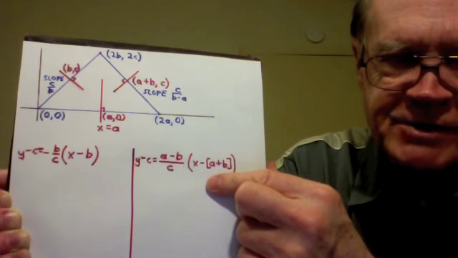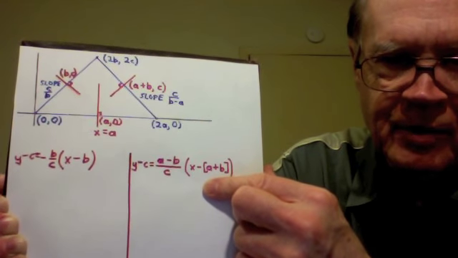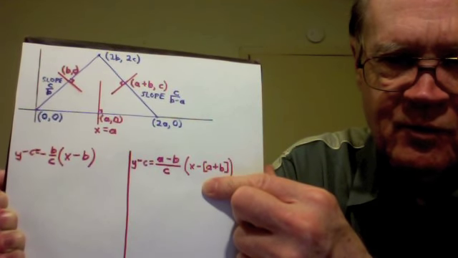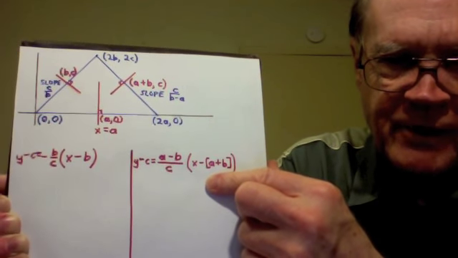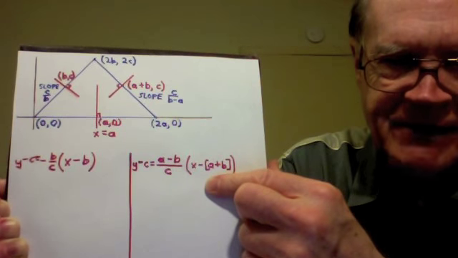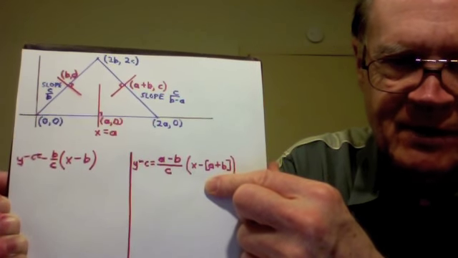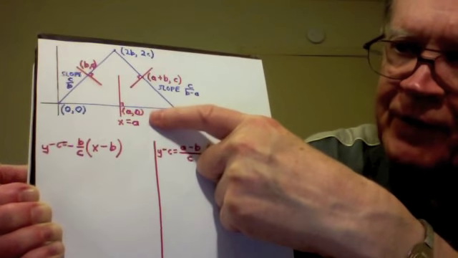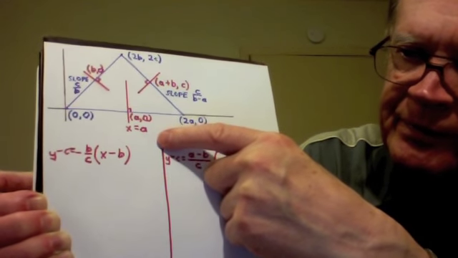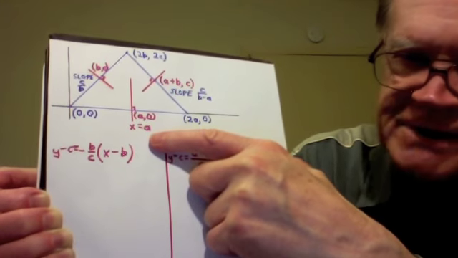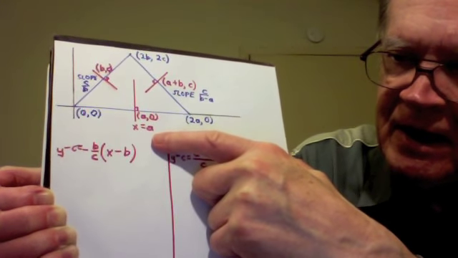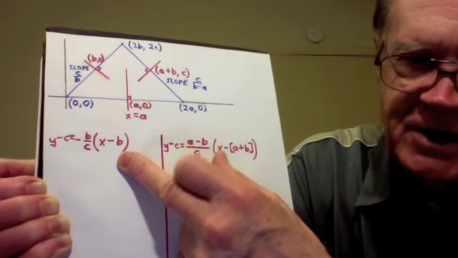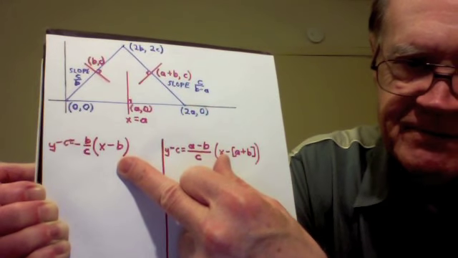Now each of these is going to intersect that vertical perpendicular bisector somewhere, and we want to show whether they both intersect it at the same point. Well, since they both will intersect this vertical perpendicular bisector, and its equation is x equals a, I will replace x by a in each of these equations.